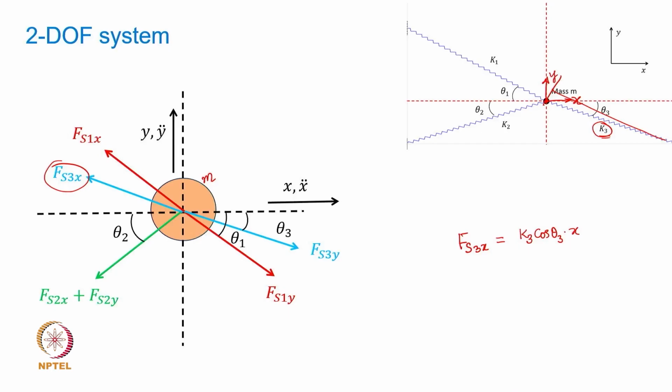The amount of stretch that is going to generate is going to be again y cos theta 3. So the spring getting stretched because of the positive y direction, this is the net stretch in the spring. That net stretch in the spring is going to pull the mass towards its original equilibrium position, which is going to be somewhere along this line.